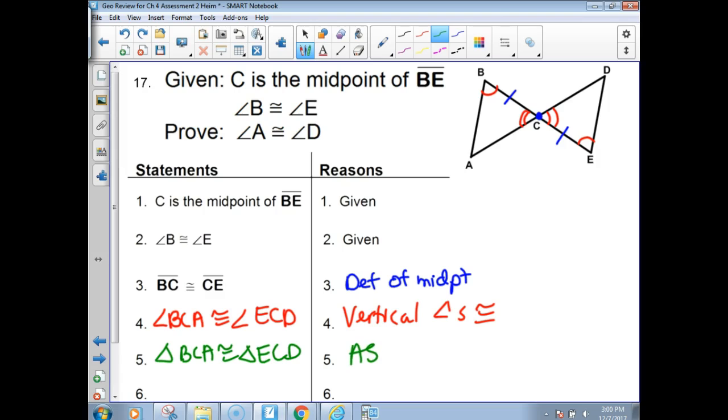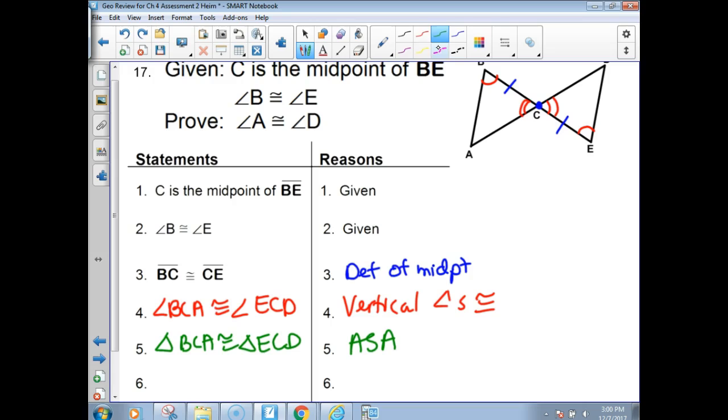Yep, ASA, because the side's between the 2 angles. And then don't forget, you're going to have one where what you're trying to prove is not just the triangle. So I got to remember to put what I want to prove, angle A congruent to angle D, at the last step. And that would be by corresponding parts of congruent triangles are congruent. CPCTC. I bet you're glad you don't have to write that out.